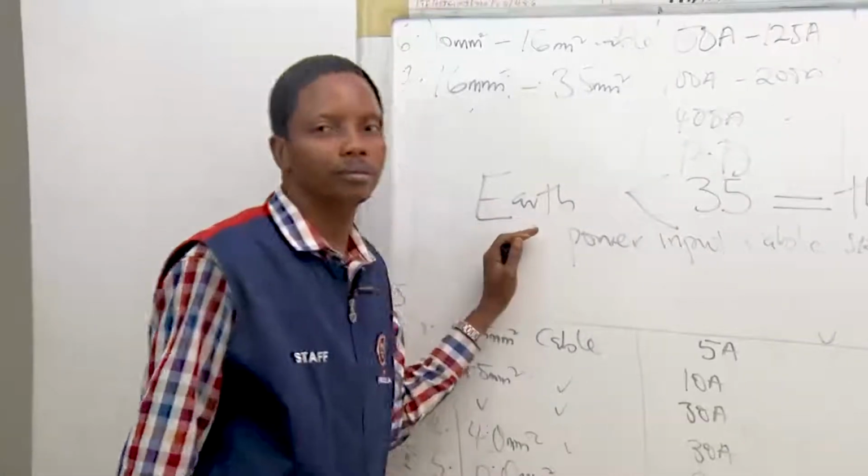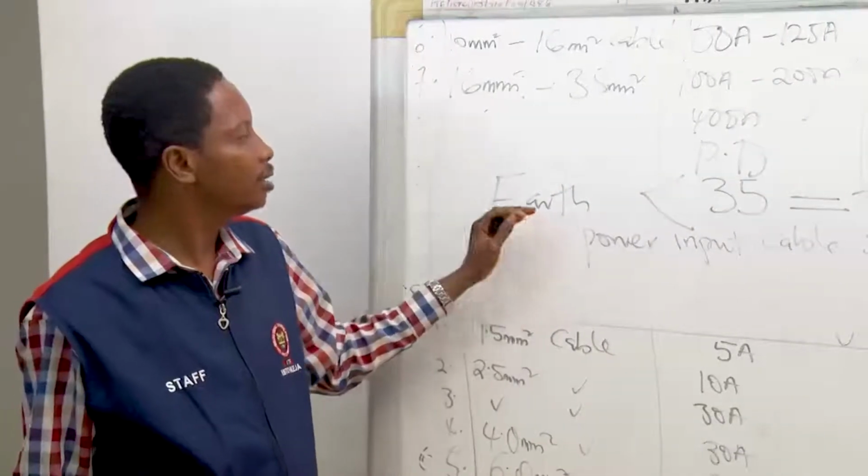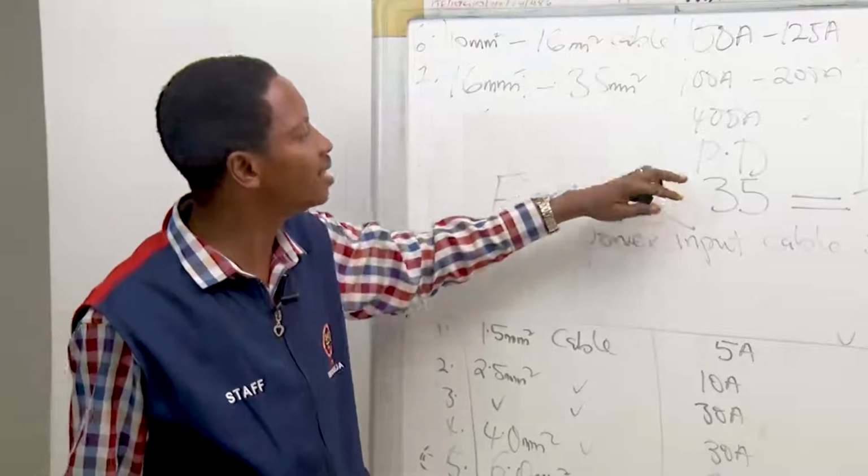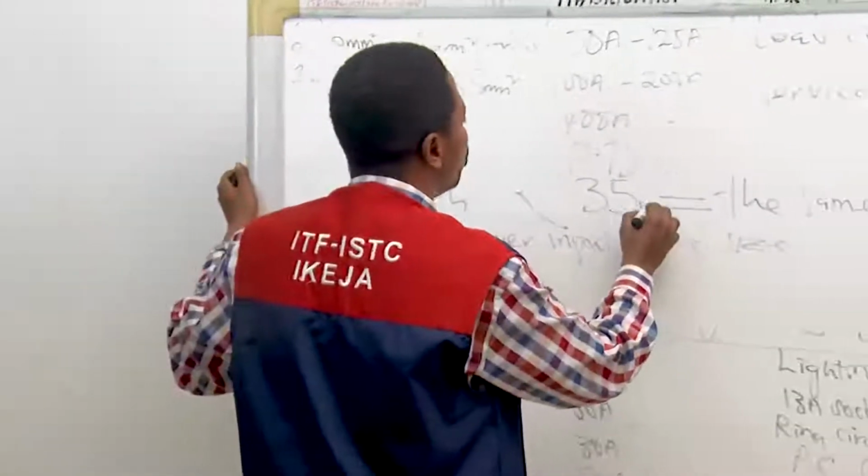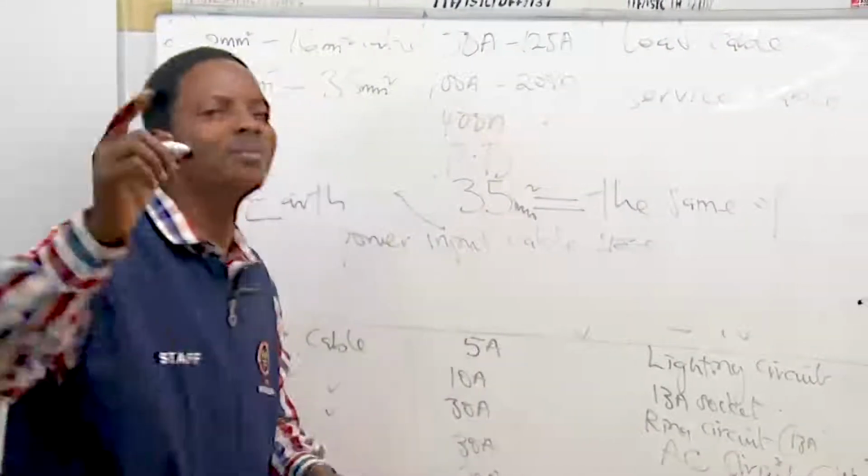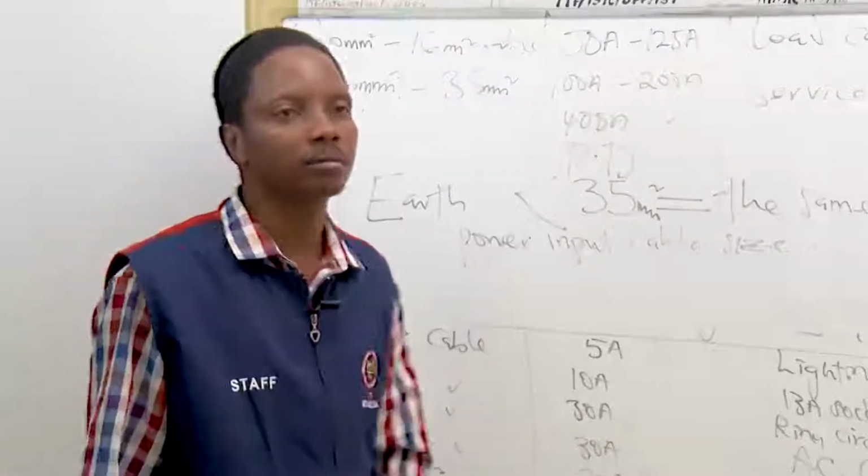Note, the formula is that any cable that is less than 35 mm square, you use the same size of cable for earth.